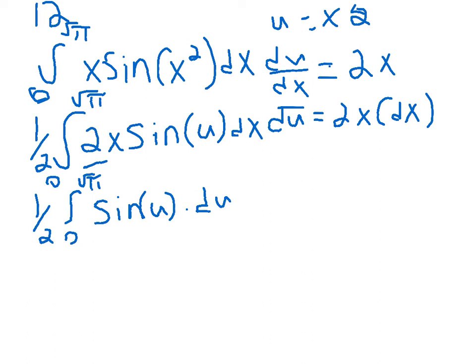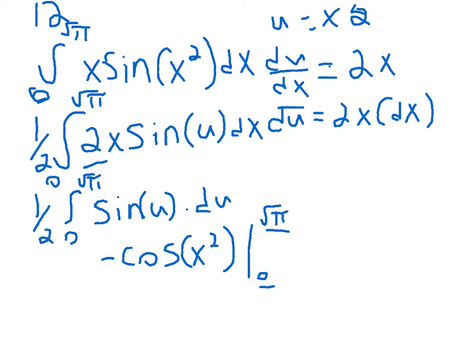Now we can integrate that and find the antiderivative of this inside part, which is negative cosine of x squared, if you just replace the u with the x squared, from 0 to radical pi. Now what we need to do next is to subtract the minimum from the maximum in order to get the area in between point A and point B of this graph.